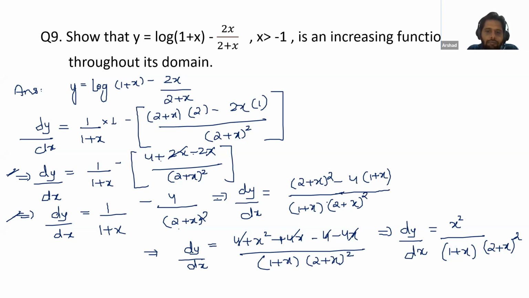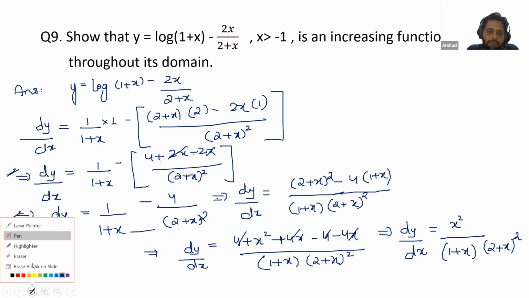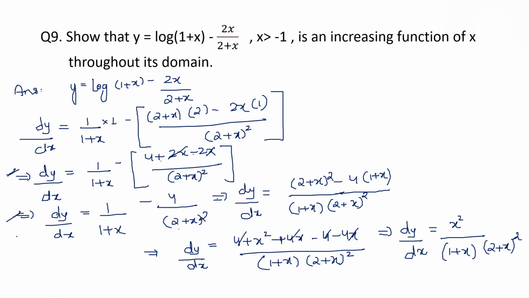Here I have taken the LCM for this expression. When you take the LCM, you will get 1 plus x here and 2 plus x whole square here. So here you will get 2 plus x whole square minus 4 into 1 plus x. Is there still any confusion at this point?